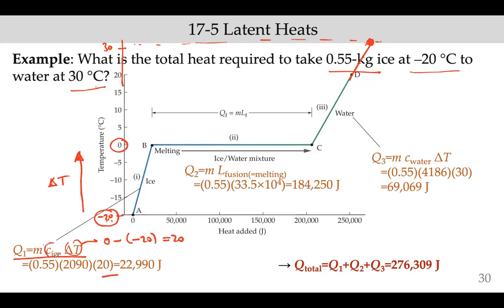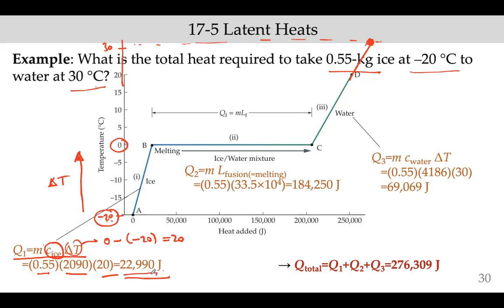You have to look up the specific heat of ice. It's 2090. And the mass is given in the problem as 0.55 kilograms. Because we used SI units, you find the answer in terms of joules.